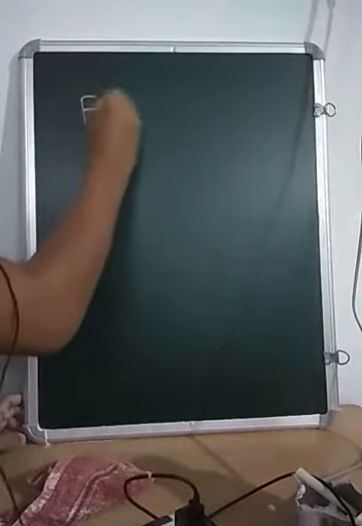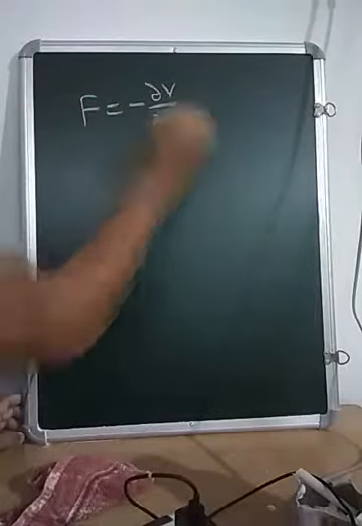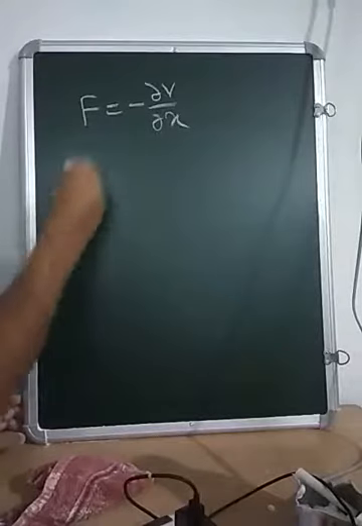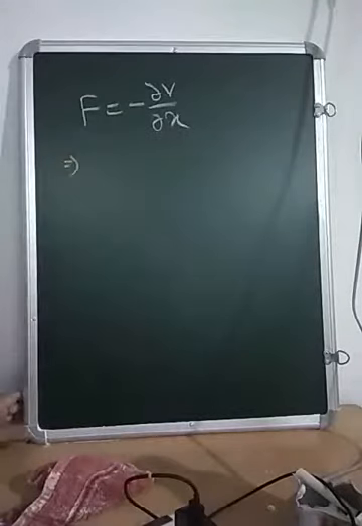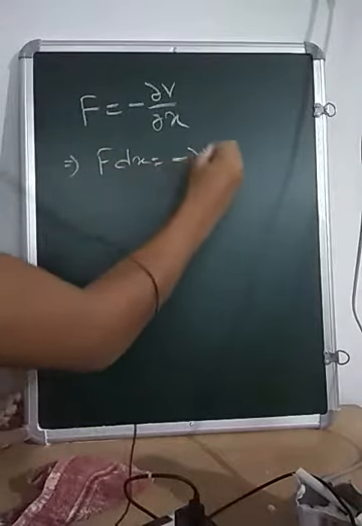So up to now what we obtained, that for a force to be conservative, what is the condition? This should be del v by del x. Or you can write this f dx is equal to minus del v.